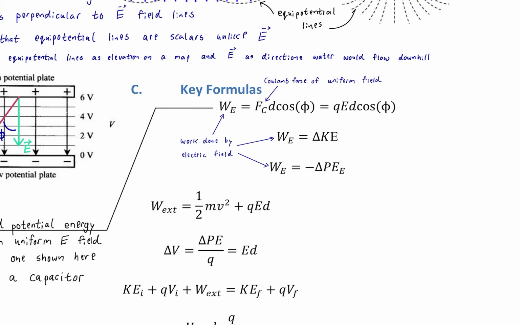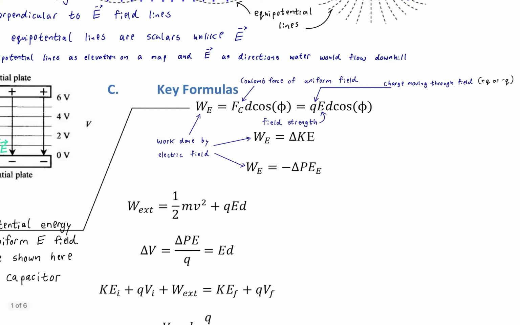So F sub c is the Coulomb force of the uniform field. The field strength is E. The charge moving through the field is Q. And d is the displacement within the field. And last, theta is the angle between the displacement vector and the electric field vector.